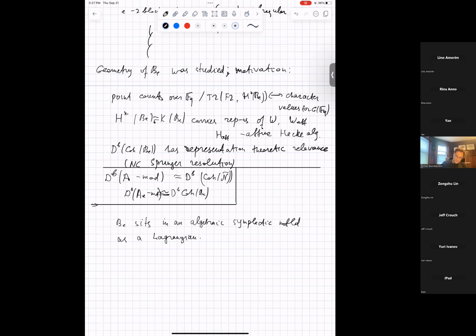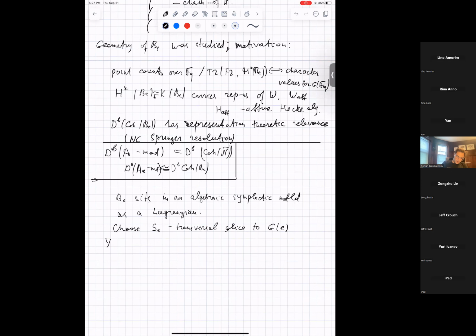You can choose S_e. So this is a transversal slice to an orbit. And then S_e is maybe in g, and as I will say in a minute, it can even be chosen to be in an affine linear subspace.